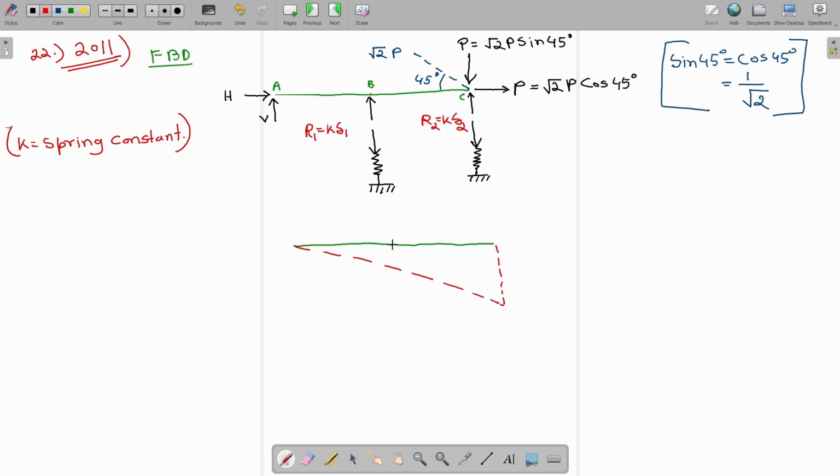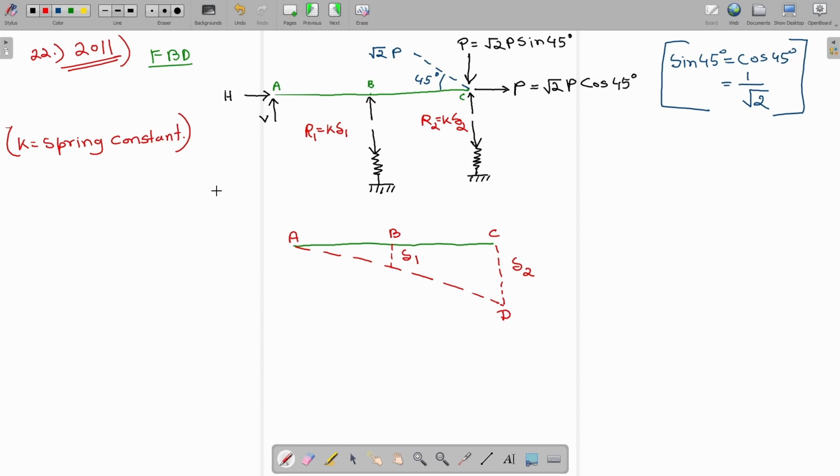At this point, it is given by delta 1. This point is given as delta 2. This is point B, this is point C, this is point A. Let this point be D.